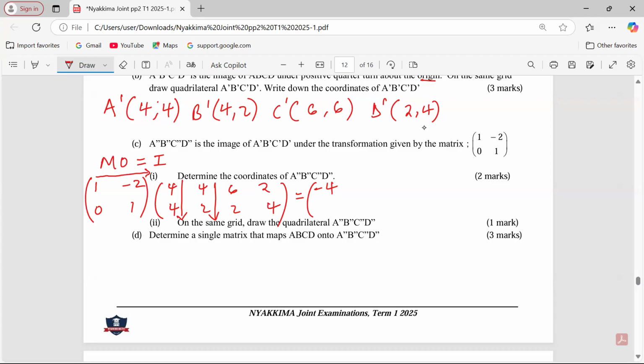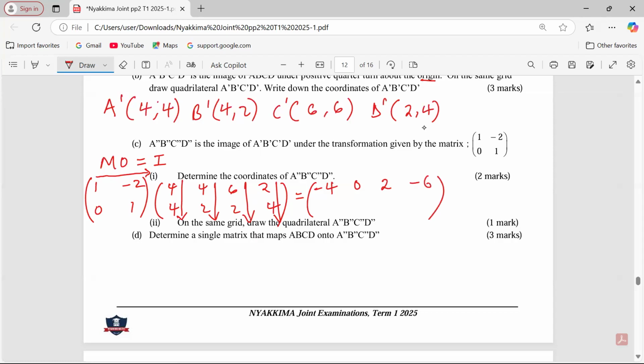So it will be 4 minus 4, giving us a 0. Then the next, go to this column now, 1 by 6, negative 2 by 2. So 6 minus 4, giving us a positive 2. And finally, the same row by the last column, 1 by 2 and negative 2 by 4. That's 2 minus 8, giving us a negative 6.